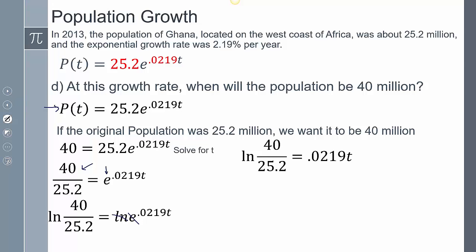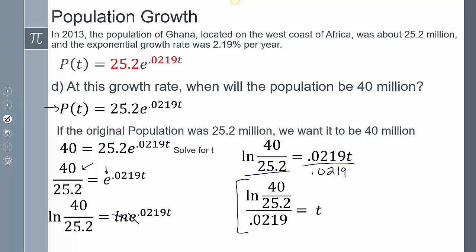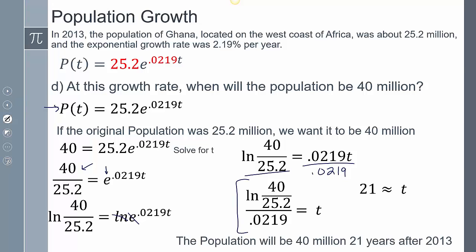And so I'm going to get ln of 40 over 25.2 equals 0.0219t. Divide both sides by 0.0219. And so this value here, you want to enter into your calculator, and you're going to get approximately 21. So then I can make the statement that the population will be 40 million 21 years after 2013.